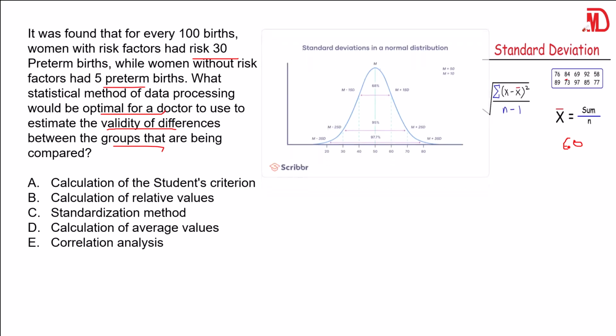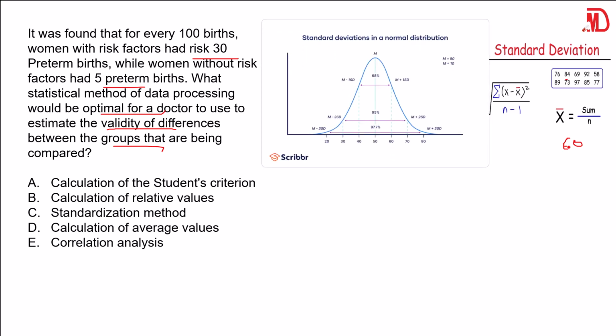This diagram shows the standard deviation of a normal distribution. The middle line here is the mean. Then as you move away, 20 is far away from the mean.